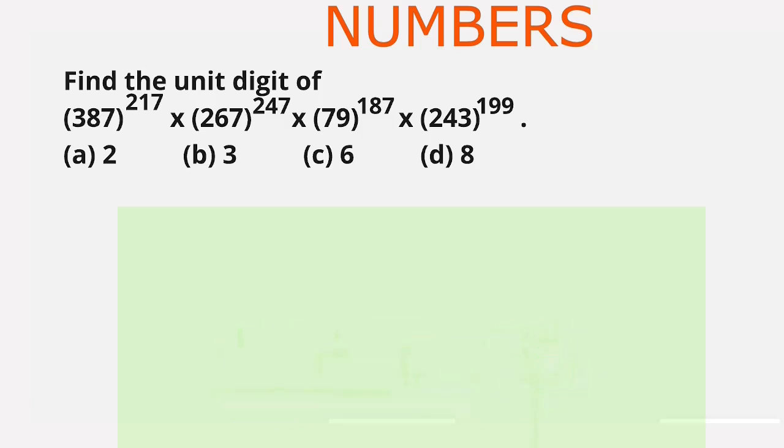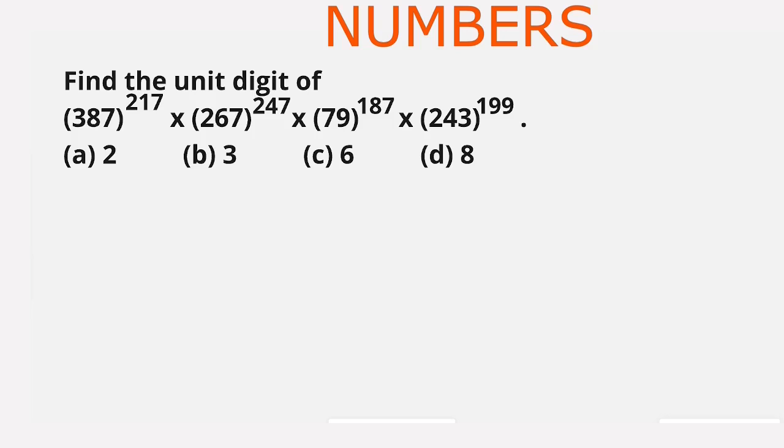We have to find the unit digit. So we will take only unit digits of all the numbers. And we know that whatever may be the power of 7, the unit digit repeats itself every fourth power. So in 387, the ones place digit or unit digit is 7, and the power of 387 is 217.